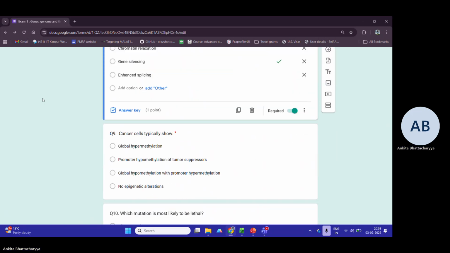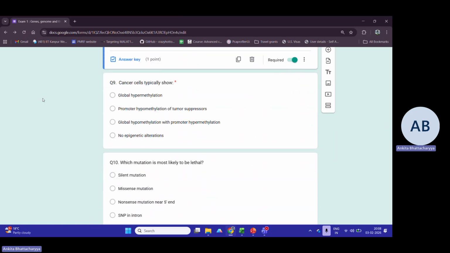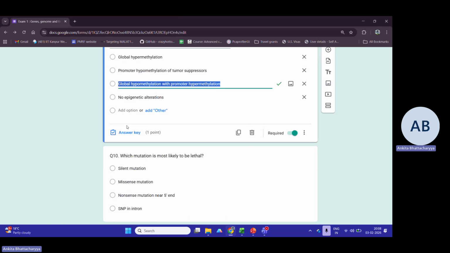Then, which of the following traits do cancer cells typically show? A. Global hypermethylation, promoter hypomethylation of tumor suppressor, global hypomethylation with promoter hypermethylation, or no epigenetic alteration. So the correct answer is global hypomethylation, which means that globally there is a decrease in methylation mark in the DNA, so that more and more genes can be activated.